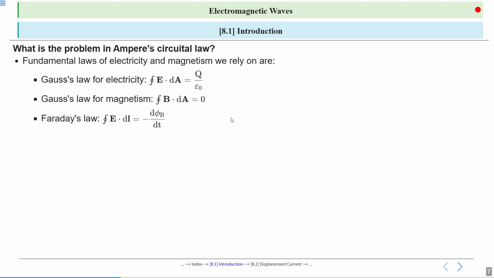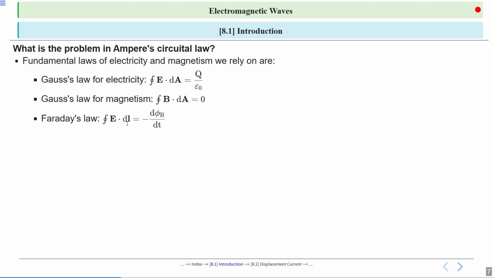Minus dV will be equal to E dot dl, or dV is equal to minus E dot dl, or closed integral. In place of EMF, we have written minus closed integral E dot dl.